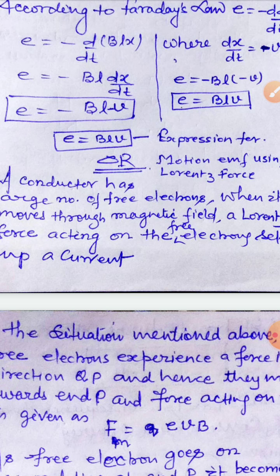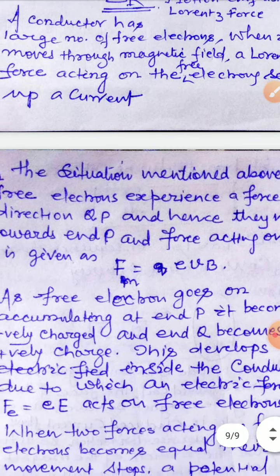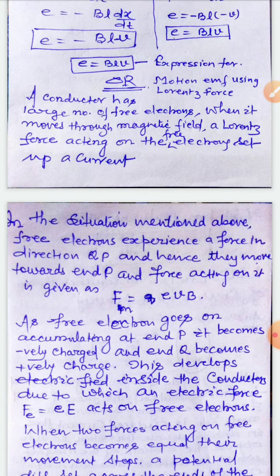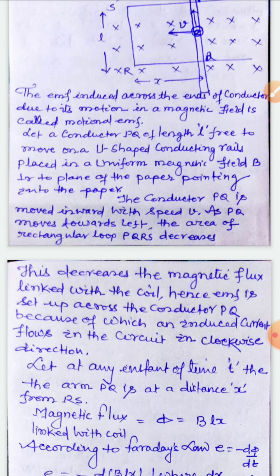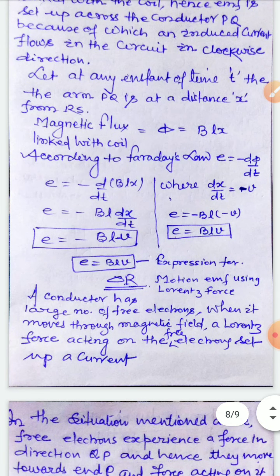We all know that a conductor has a large number of free electrons, and when it moves through a magnetic field, these free electrons experience a Lorentz magnetic force, which is equal to eVB, and it is in the direction from Q to P, which we can determine by using Fleming's right hand rule.